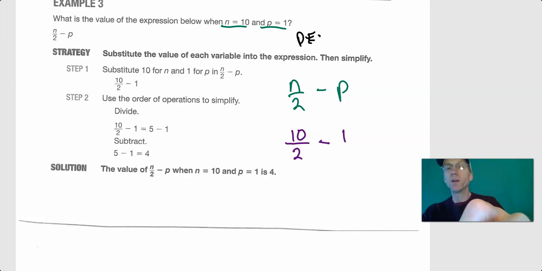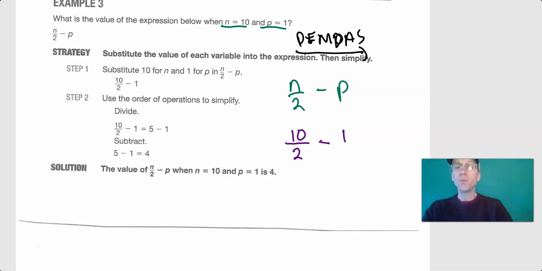So we want to go through that order, which is parentheses, exponents, multiplication or division, addition or subtraction, and you go left to right. So we have actually division here, because 10 over 2 is the same as 10 divided by 2.